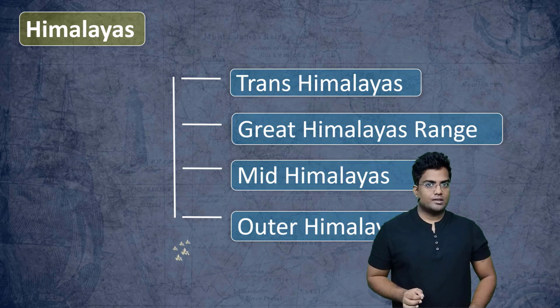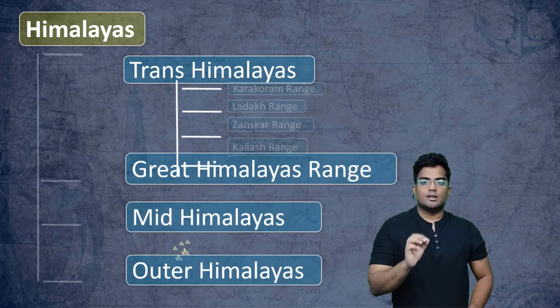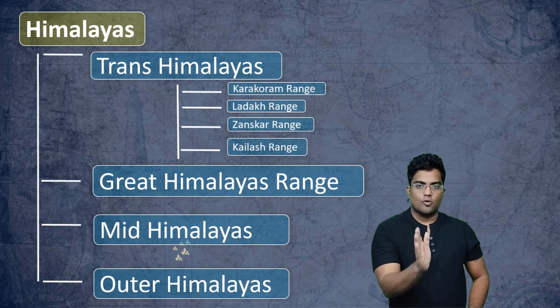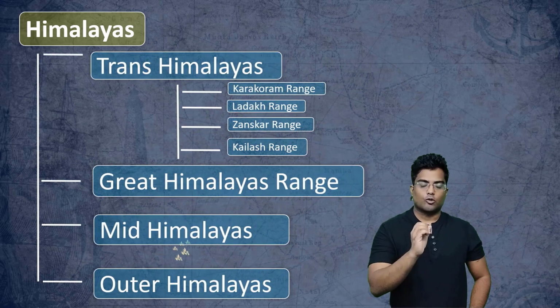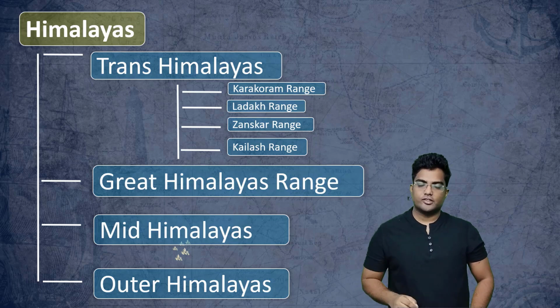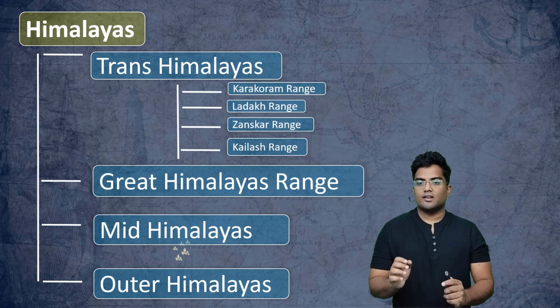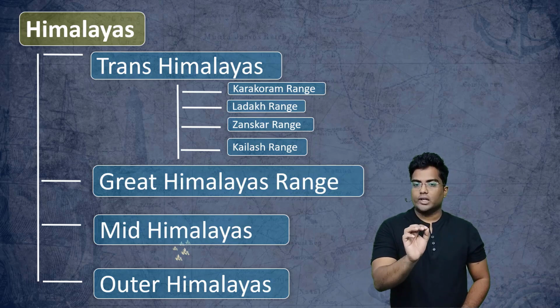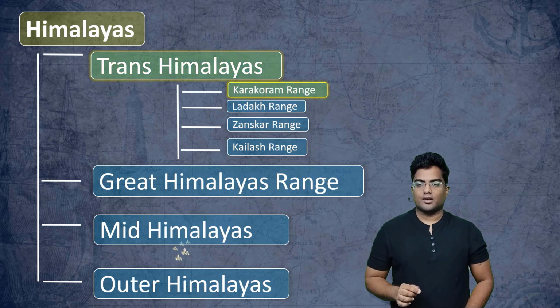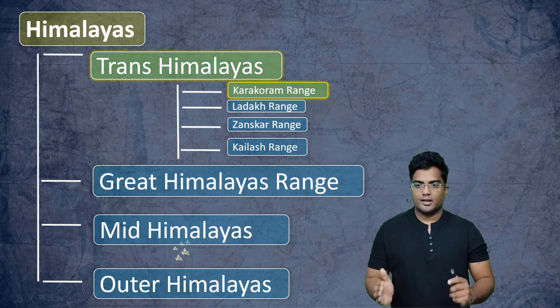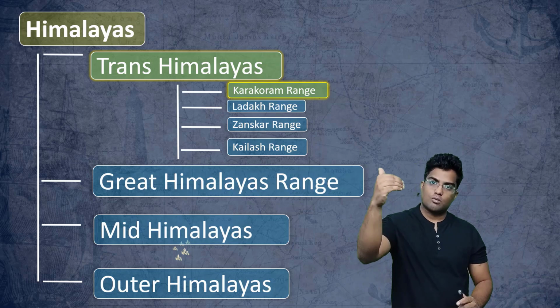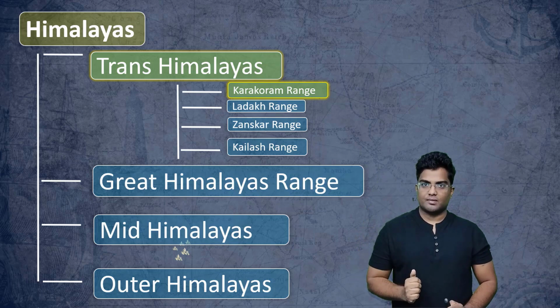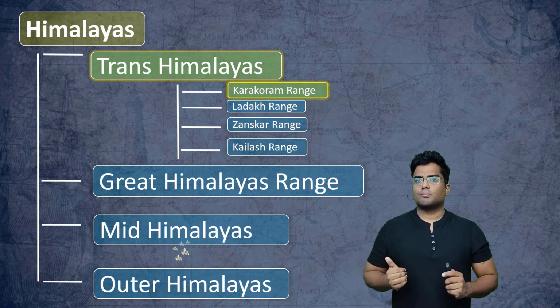Now at the top you have the Trans-Himalayas, and Trans-Himalayas also has 4 ranges: the Karakoram range, the Ladakh range, the Zaskar range, and finally the Kailash range, right? We are only interested in the Karakoram range. The Karakoram range is part of Trans-Himalayas, which is part of Himalayas. I think you have got a perspective.